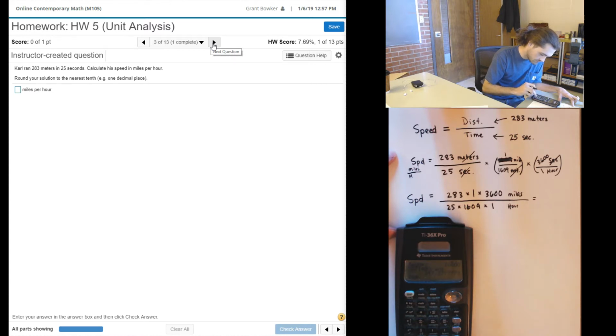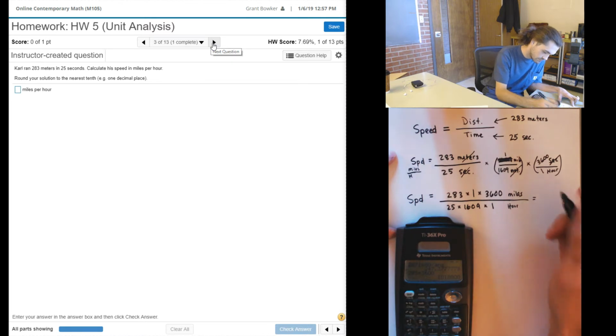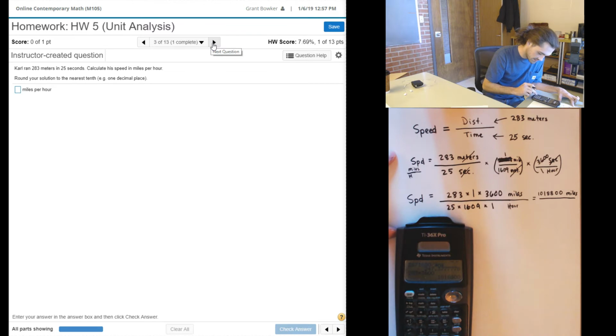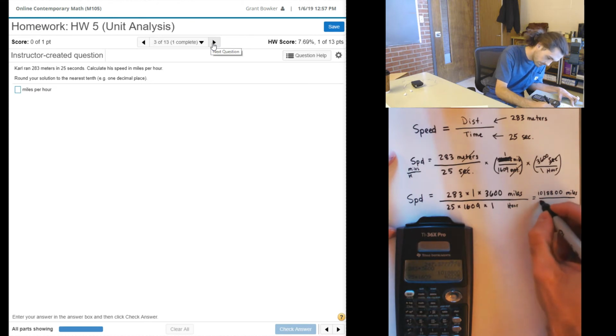283 by 3600. Wow, 1018800 for my upstairs portion. Downstairs I have 25 by 1609 by 1. 40225 hours.